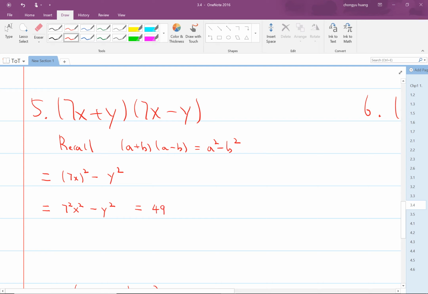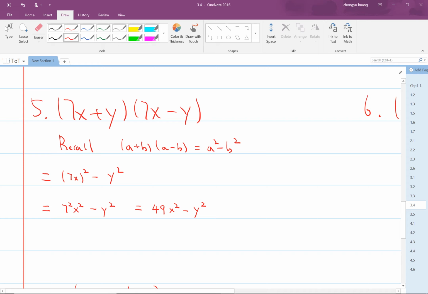So it's actually 49x squared minus y squared, right? Okay, so this is the solution for question 5: 49x squared minus y squared, all right?